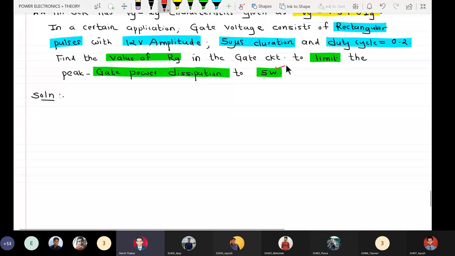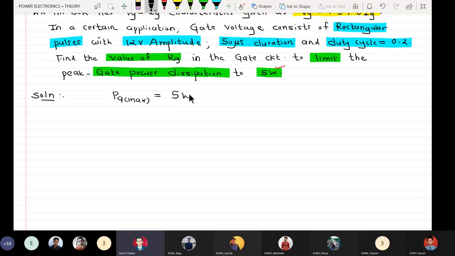So what is given here is this thing. We can say Pg max equal to 5 watt.